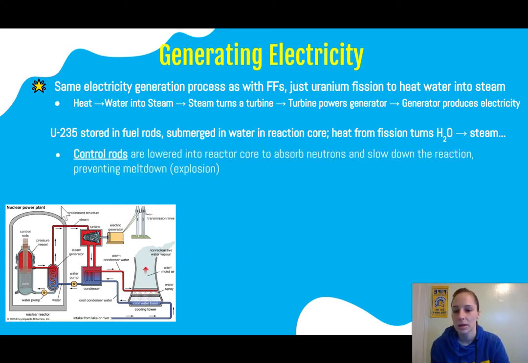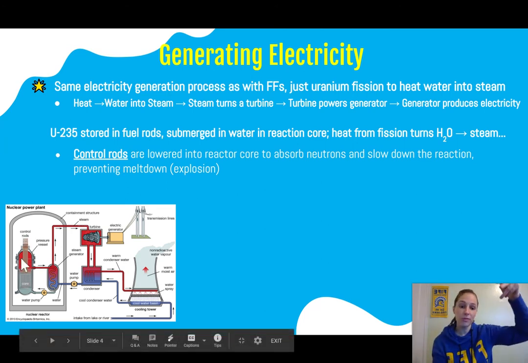Now, these control rods are lowered in. The control rods are going to be a safety mechanism because there's a ton of heat being released in this, and we're dealing with radioactive material. So you need to have some safety mechanisms, and one of them is the control rod.